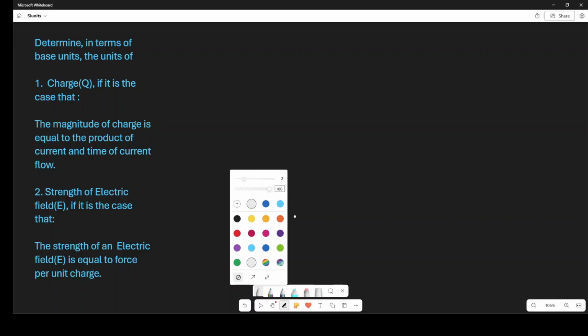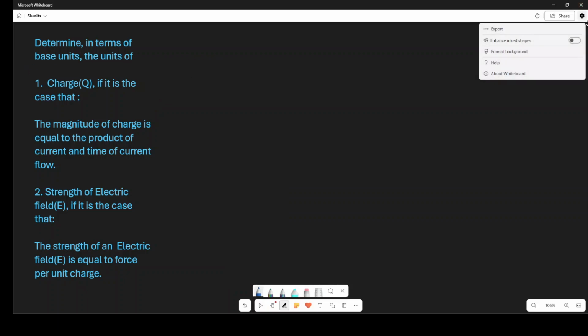Right, let's go for red. Let me just choose this one. How does it look? Okay, let me choose this one, and then let's go.